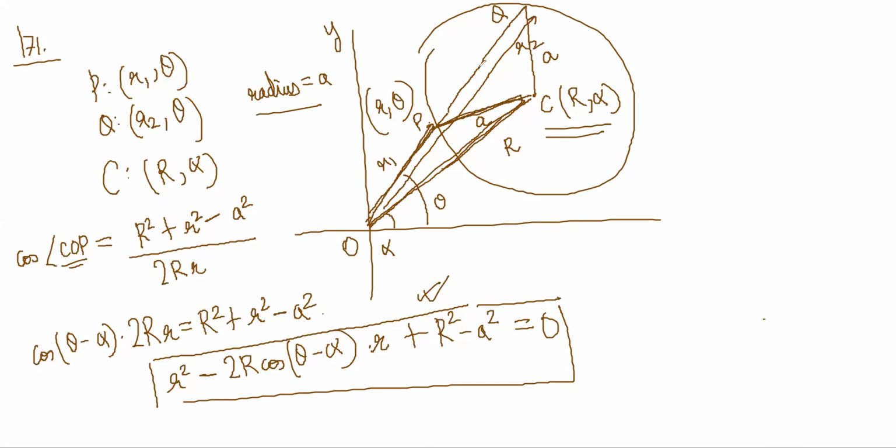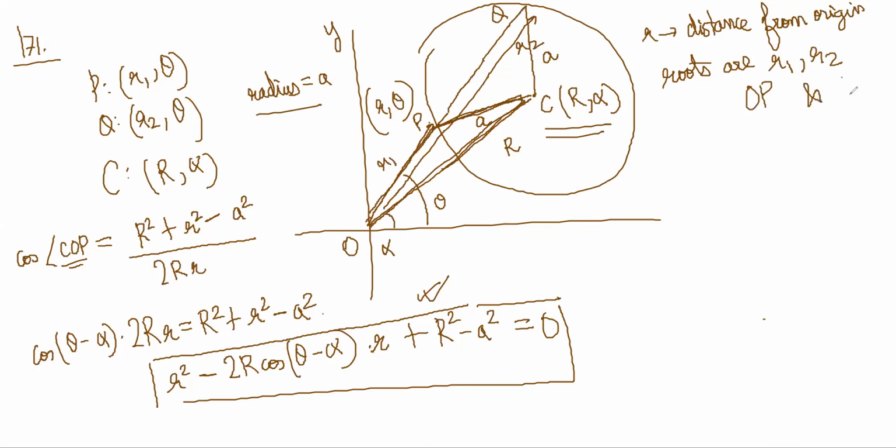R was the distance from the origin, so what are the two satisfying values? It will be OP and OQ. So the roots of this equation are R1 and R2, which is OP and OQ.